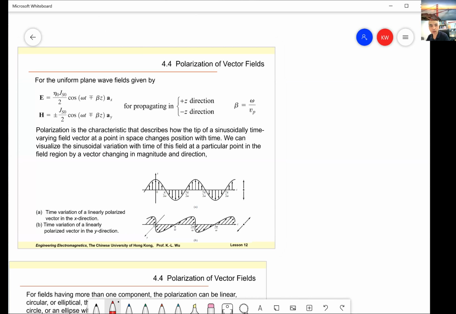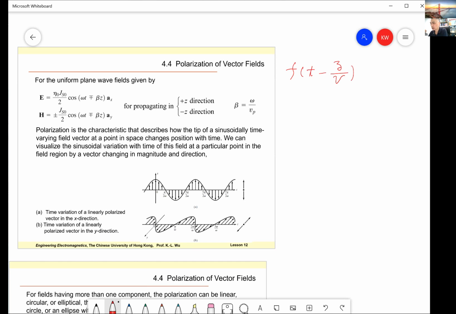To define this wave phenomenon, we know the solution must be in the form of a function f of any function, but the argument should be in the form of t minus z over v, where z is the distance and v is the wave speed, right?